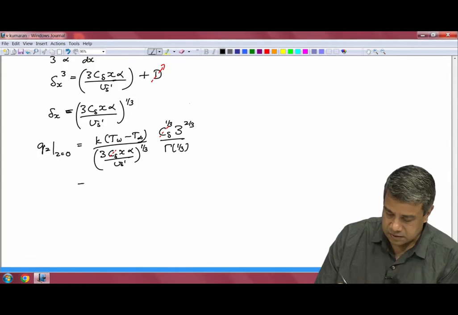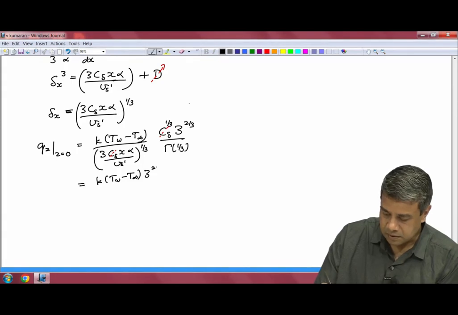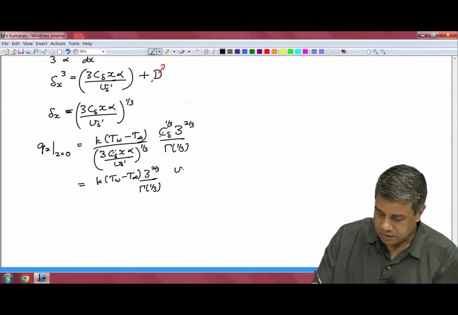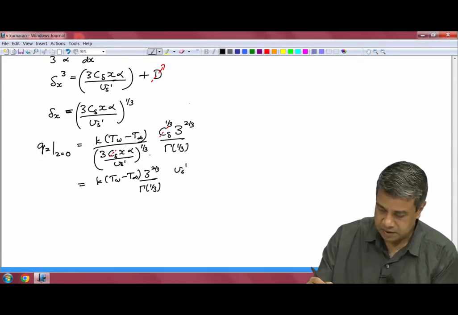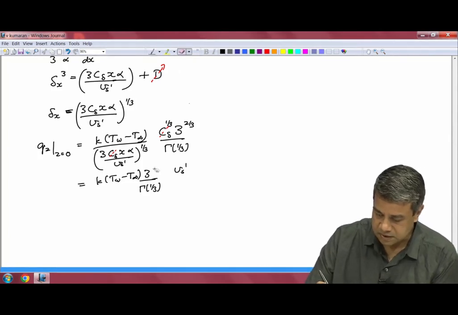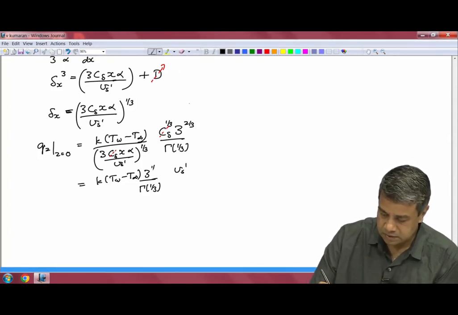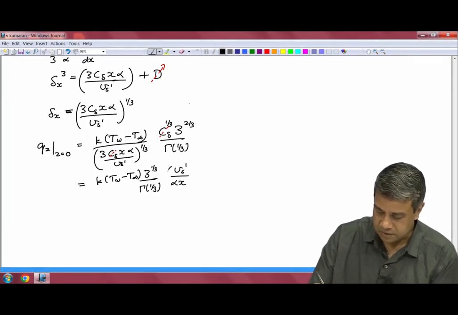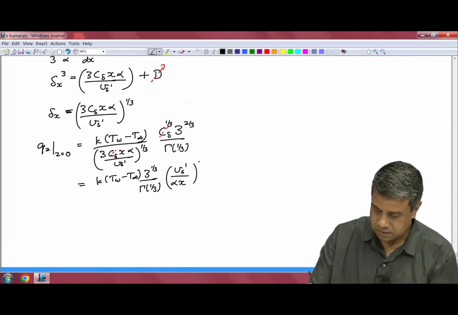And cancelling these out, I get k into Tw minus T infinity into 3 power 2 by 3 by gamma of 1/3, into Vs prime. This 3 power 1/3 and 3 power 2/3 can be cancelled out, so I will just get 3 power 1/3 here, Vs prime by alpha x whole power 1 by 3.